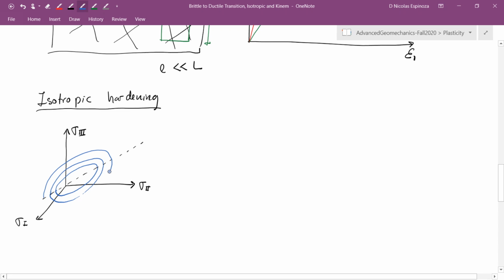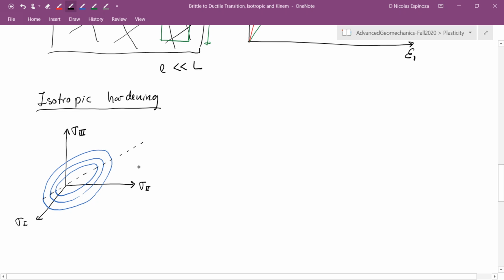And this is a big assumption, and sometimes it's not true. So that's why it is important to recognize that. In our previous modified Cam-clay model, we assumed isotropy, and because of isotropy, we also implicitly assume this isotropic hardening.